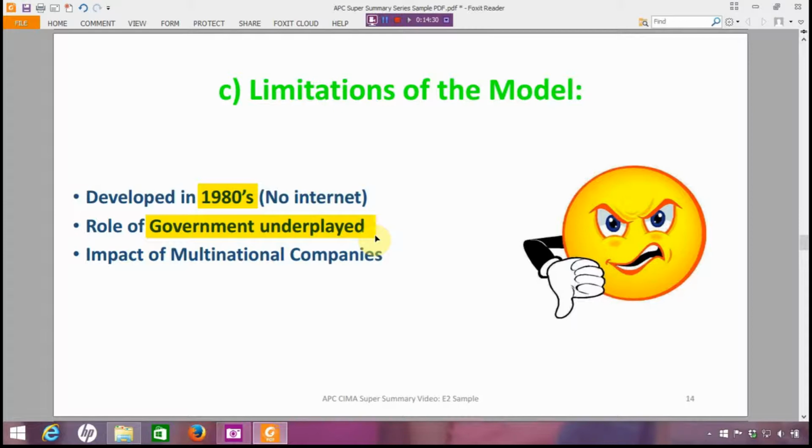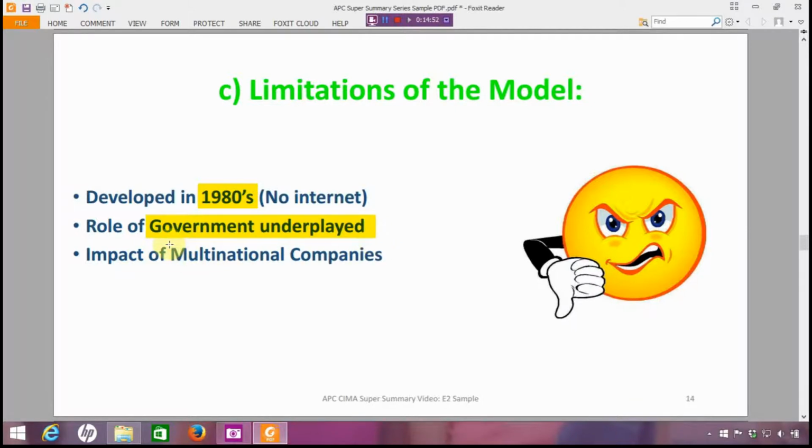Although Porter does mention government and government intervention, he doesn't make it a core element of the model. And some people would say, well, governments can play quite a significant part in the development or non-development of a particular industry, for example, by supplying subsidies to different companies.